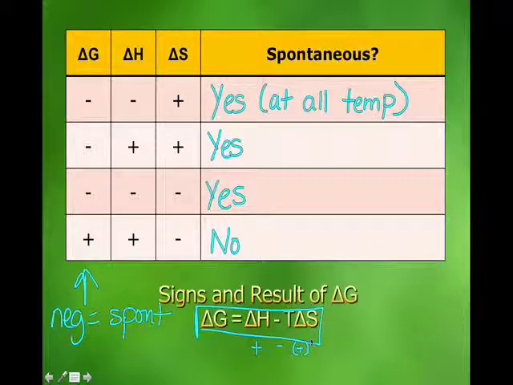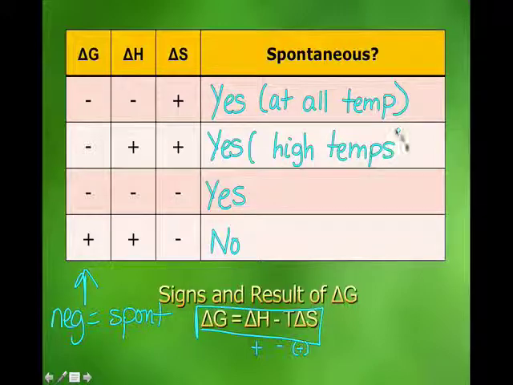So this value right here has to be bigger than the delta H. So this is yes, but it's only yes at higher temperatures. So at high temps. This guy right here is true only then at low temps.